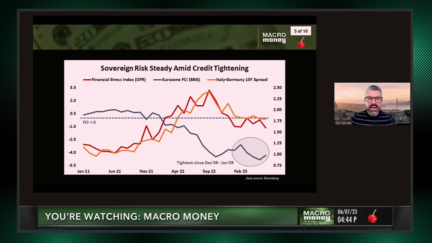But what you see as this tightening is occurring, the dark line there, of course, the financial conditions index in the Eurozone, that's courtesy of Bloomberg. What you see is the orange line, the spread between Italian and German 10-year yields moving lower, and overall financial stress, that's the Global Financial Stress Index from the Office of Financial Research, an agency within the U.S. Treasury Department, that's been going down.